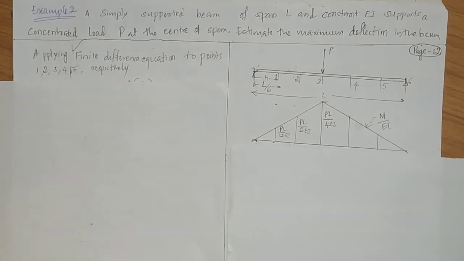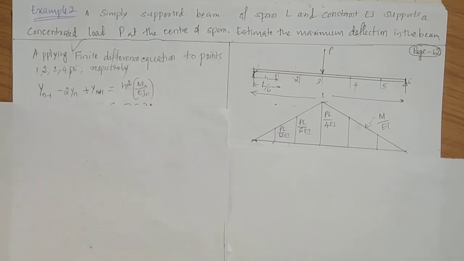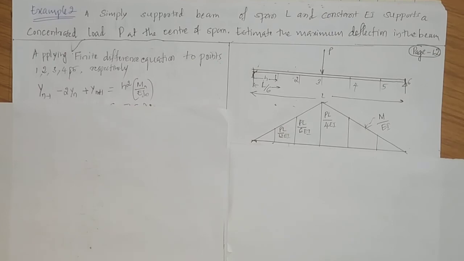Now apply the finite difference equation, that's nothing but the central difference method, for points 1, 2, 3, 4, 5 respectively. So we know the equation is given by y(n-1) minus 2yn plus y(n+1) is equal to h square into Mn by EI.